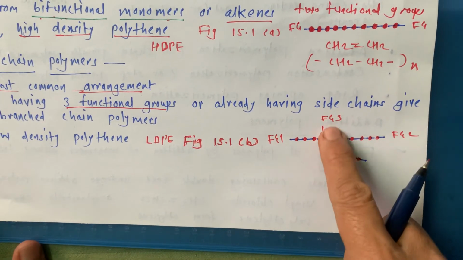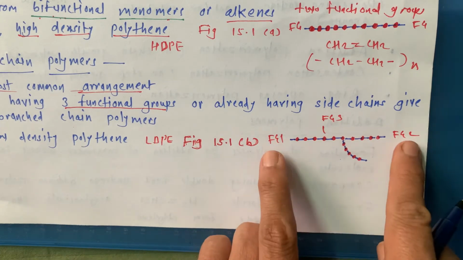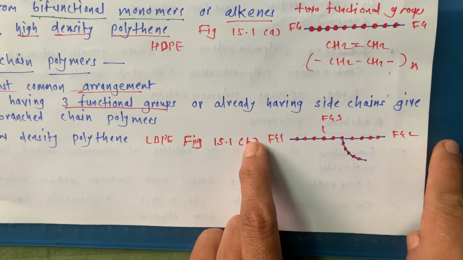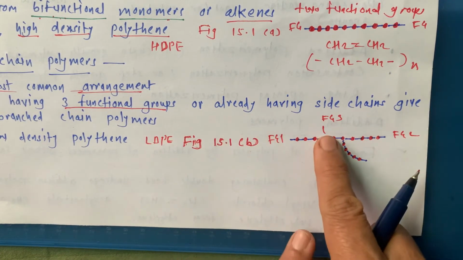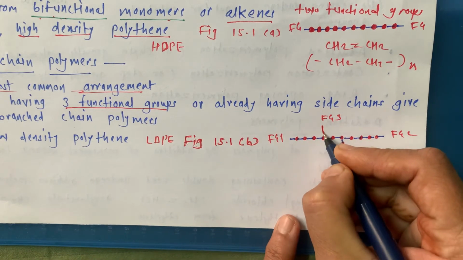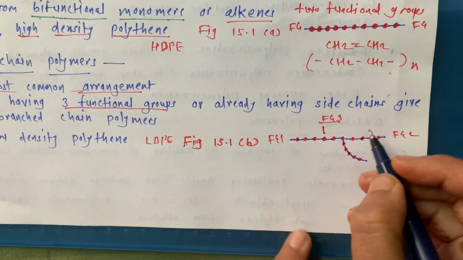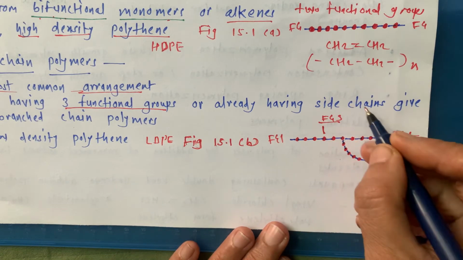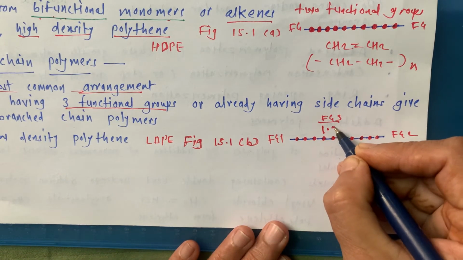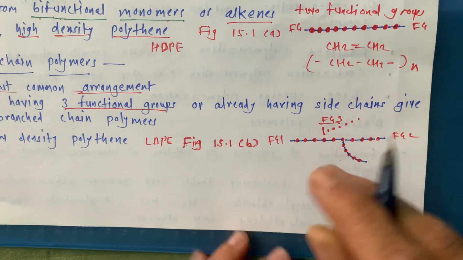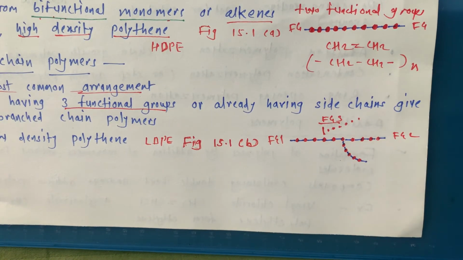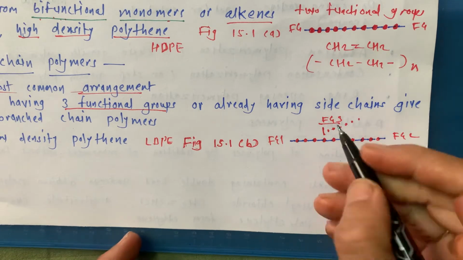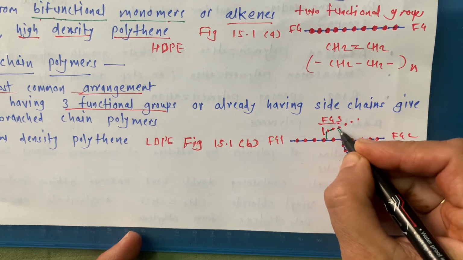So these two functional groups also give the chains, or the straight chains, like this, while if the third functional group is at this position, then there is again formation of another branch like this. There is formation of another branch like this. Okay, and they are connected to each other, and so there is formation of branches like this.